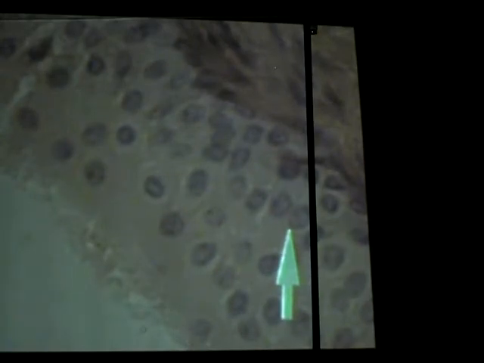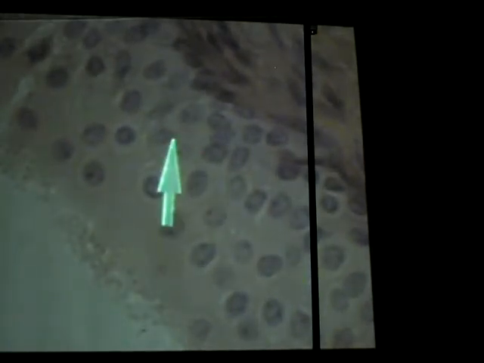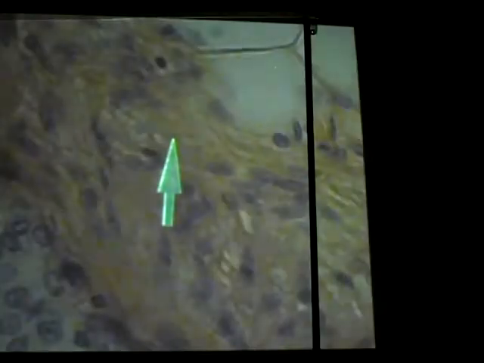On one side you have your simple columnar epithelium, and that's going to drain into your renal pelvis. And then on the other side of the pelvis, you have a switch to transitional epithelium. That's going to lead into your ureter.